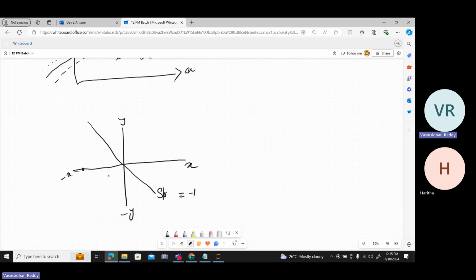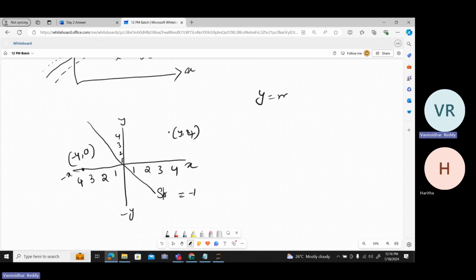Counting 1, 2, 3, 4, it is -4, comma 0. And the value of this point is 4, comma 4. So we can easily identify it like this.